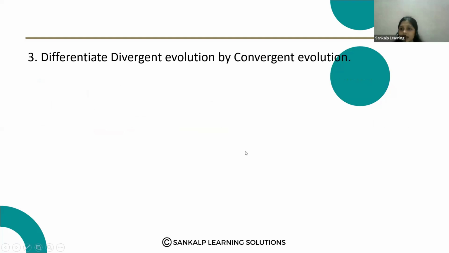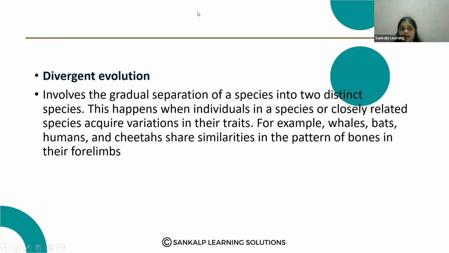Differentiate between divergent evolution and convergent evolution. You have to write the difference between them. Divergent evolution involves the gradual separation of a species into two distinct species. This happens when individuals in a species or closely related species acquire variation in their traits.